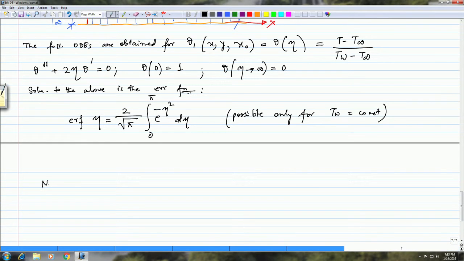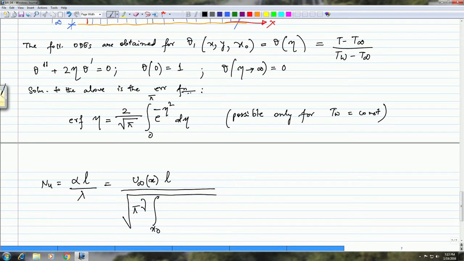It is equal to lambda, which is u infinity x, into L by under root pi nu, integral from x naught to x of u infinity x dx, under root Prandtl number.